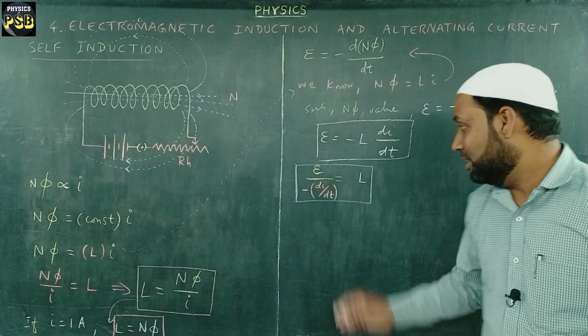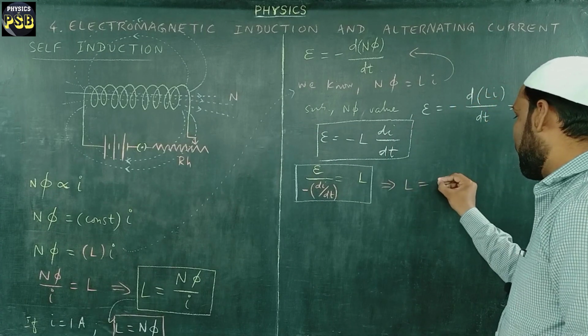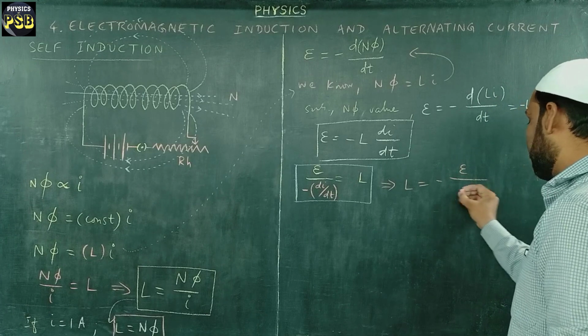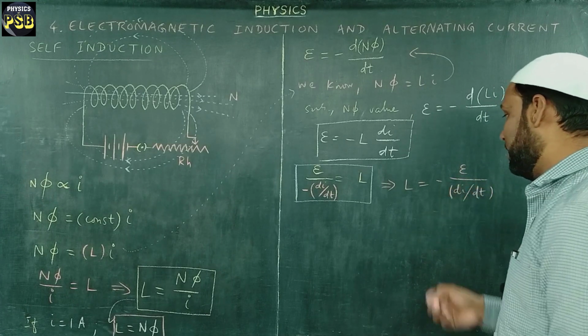So the next step, this can be rearranged and written in this manner: L is equal to minus epsilon upon di divided by dt.